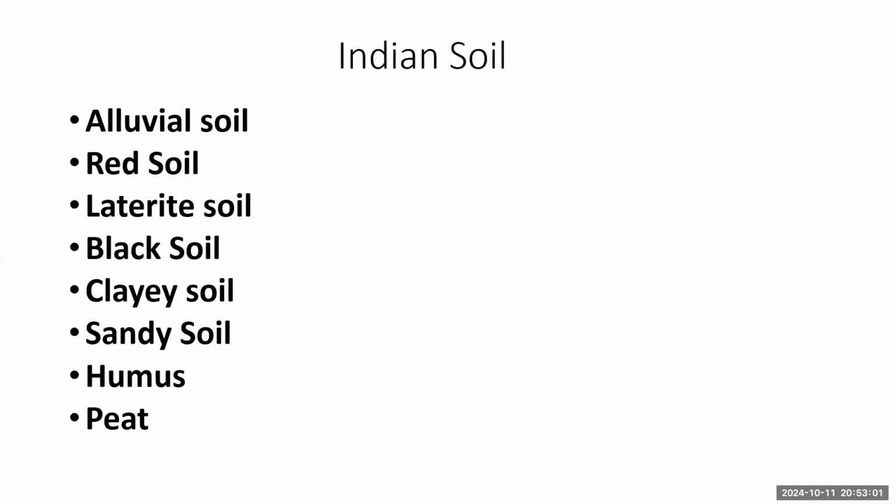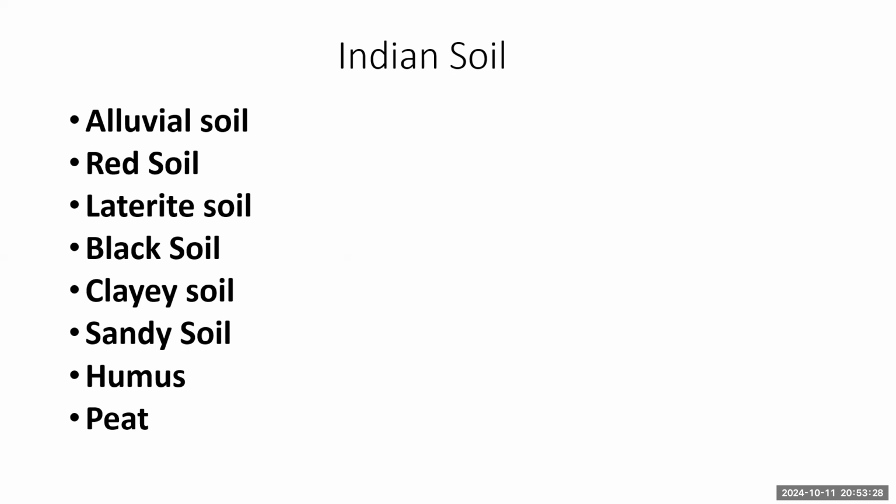Now the next classification of soil is Indian soils. So soils which are found in the Indian continent are Indian soils. Alluvial soil we have discussed. Red soil is formed due to disintegration of metamorphic rocks. Laterite soil is formed due to weathering of laterite rock.